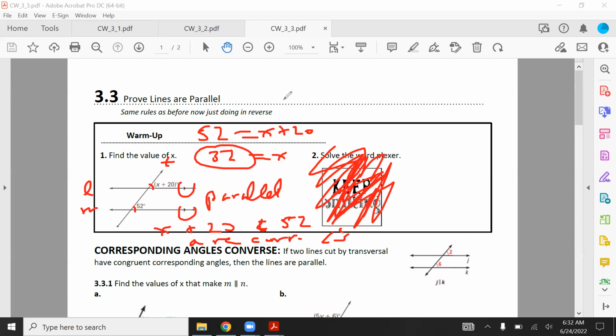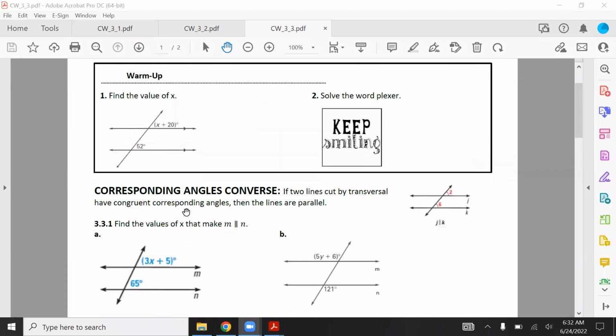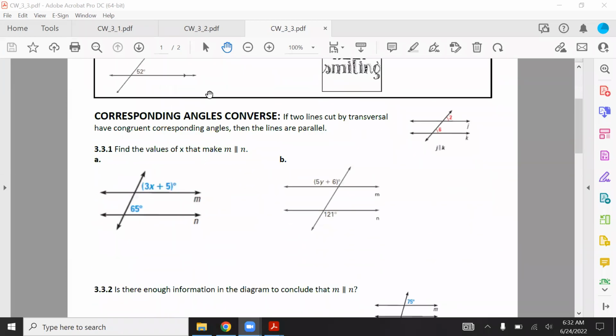All right. Now, converse. The converse is when you say the opposite between the conditional, or the hypothesis, and the conclusion.